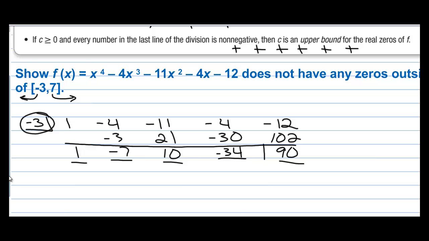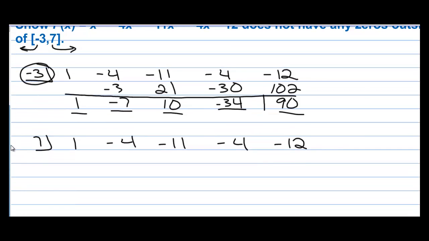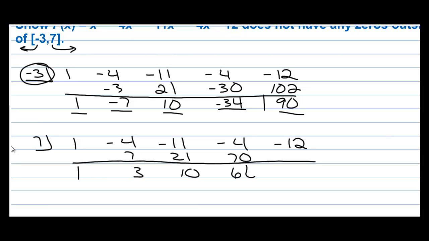Now let's plug 7 in. 1, negative 4, negative 11, negative 4, negative 12. Now, all of these should be positive. Let's bring down the 1, that's 7, that's 3, that's 21, that's 10, that's 70, that's 66.